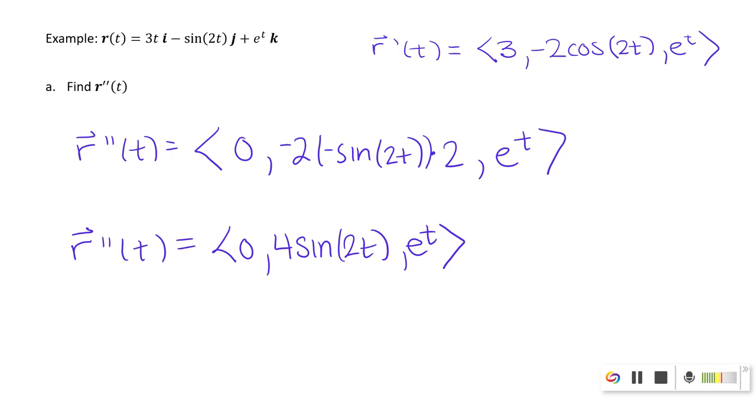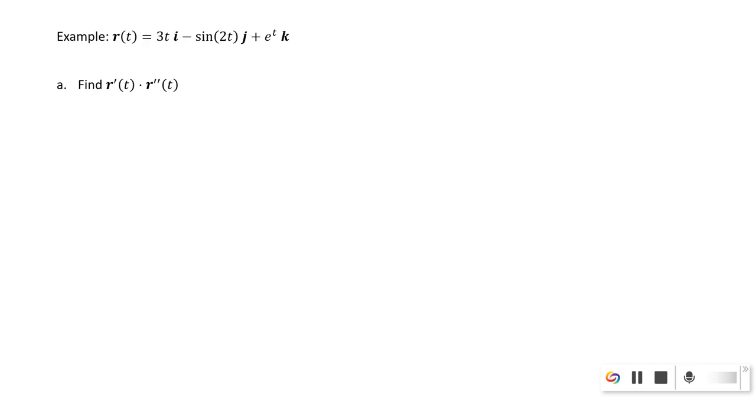So whether we're taking a first derivative, second derivative, or higher derivative, the idea is we just take the derivative of each component function. We can perform vector operations with these derivatives. Again, these derivatives are new vector functions.